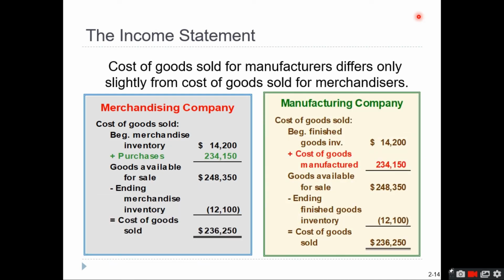So whenever we have a sales transaction, or whenever we are able to sell our goods, we are going to prepare our income statement, and it is going to be different between a merchandising and a manufacturing company. A merchandising company will only consider the purchases that will be added to the beginning inventory, and then reduced by the ending merchandise inventory to get the cost of goods sold.